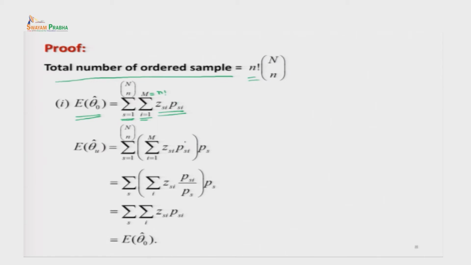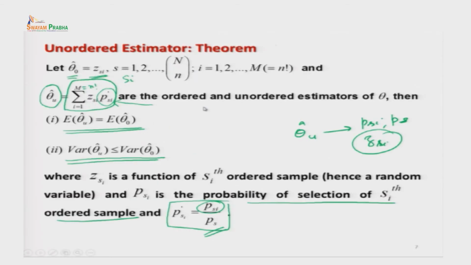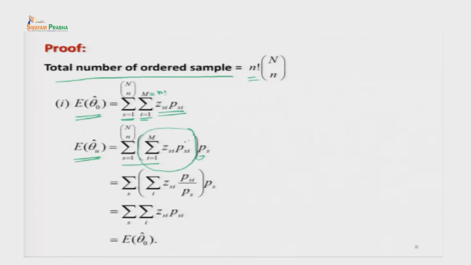Now consider the expected value of theta hat u, the unordered estimator: the same limits for the double summation over s and i, of ZSI P transpose Si. Whole of this occurs with probability PS. You have written that P transpose Si is given by PSI upon PS, so substitute this value.